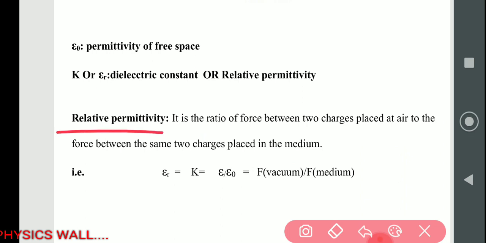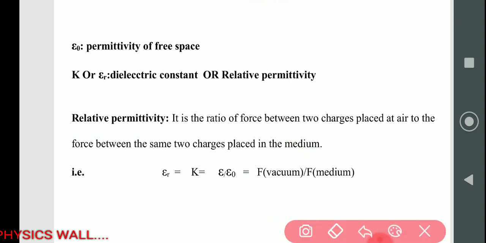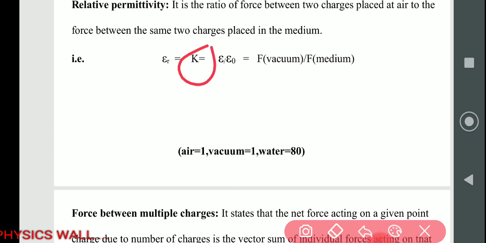So relative permittivity is the ratio of force in vacuum to the force in medium. So we can write epsilon R is equal to K is equal to epsilon upon epsilon naught is equal to F of vacuum upon F of medium. The value of K in air or vacuum is 1 and in water is 80.